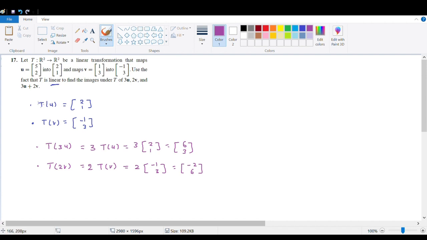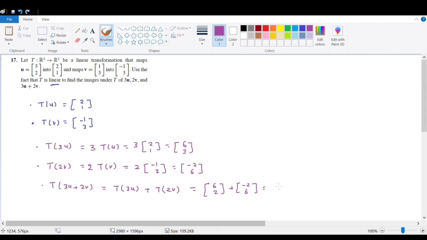Also, we need to find the transformation of 3u plus 2v. So this is T of 3u plus 2v. This will give us T of 3u plus T of 2v. We said that the transformation of 3u is (6, 3), so we use the previous result, plus the transformation of 2v is (-2, 6).